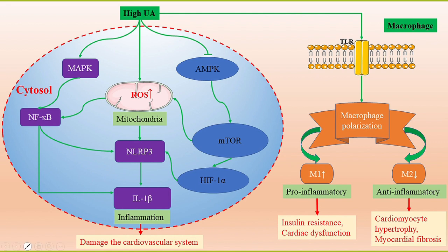Uric acid is inflammatory. So that can also lead to cardiac dysfunction. So high uric acid can also affect the functioning of the heart. आपके heart के problems भी आ सकते हैं अगर आपका uric acid बढ़ा है तो.